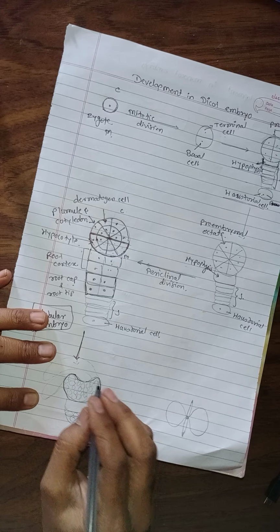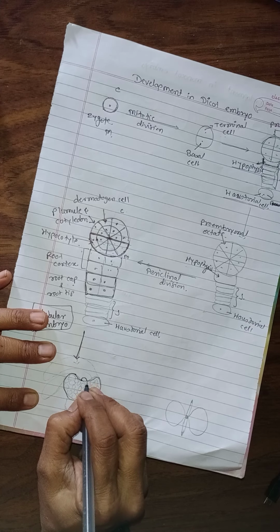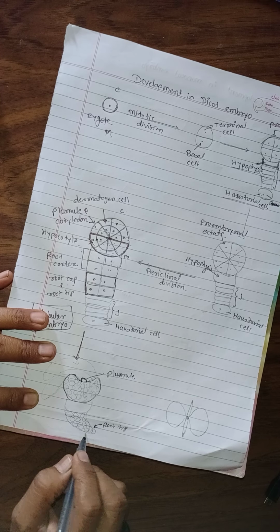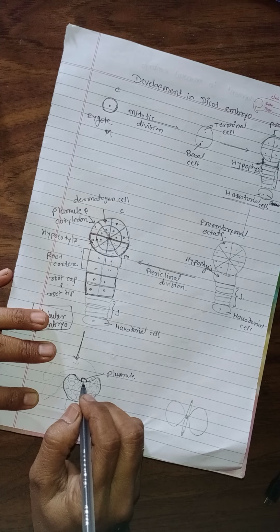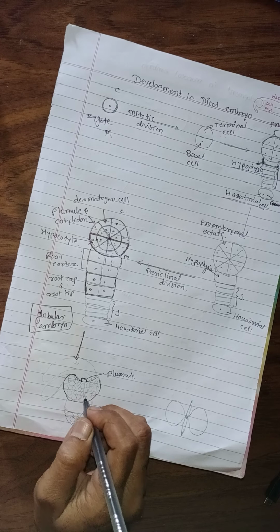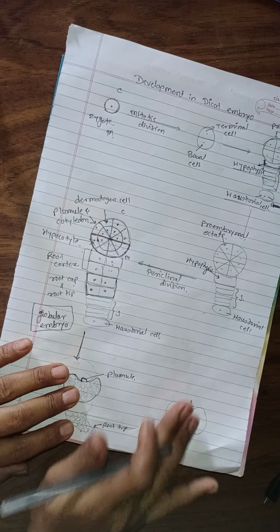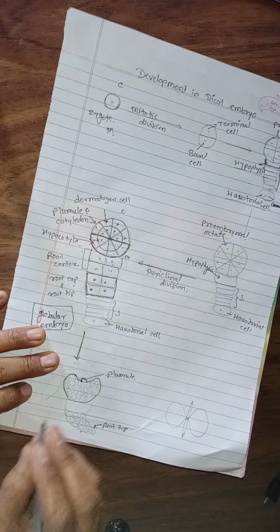This is heart shape, and this is plumule. This is root tip. This is also known as radicle, and this is plumule and radicle. From radicle, root tip arises.